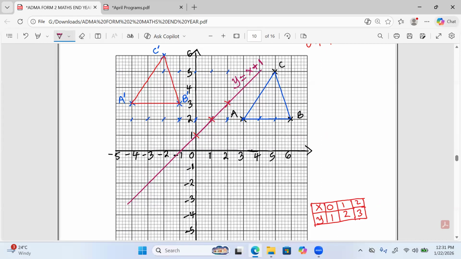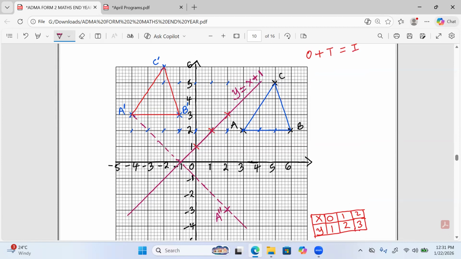We start with coordinate A. We connect A perpendicularly to the mirror line, then we pass to the opposite side an equal distance. That is where there will be an equidistance. So this becomes now A double prime, the second image.